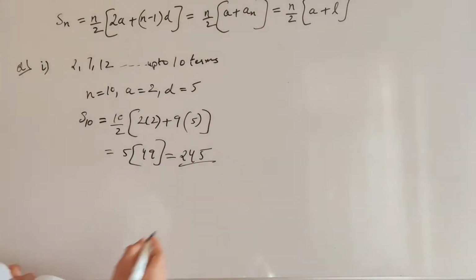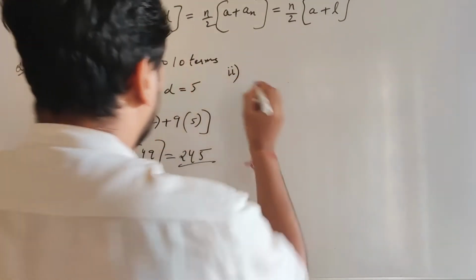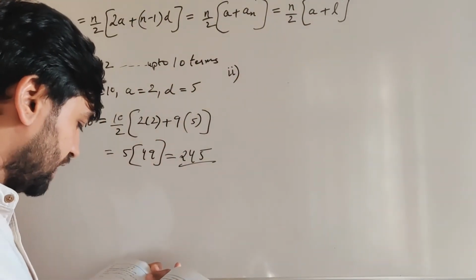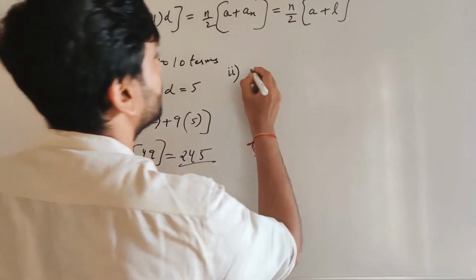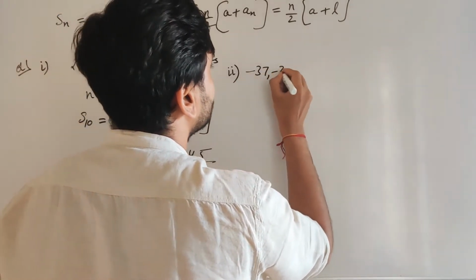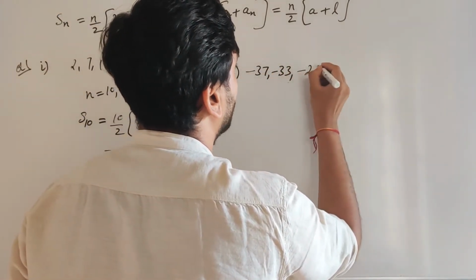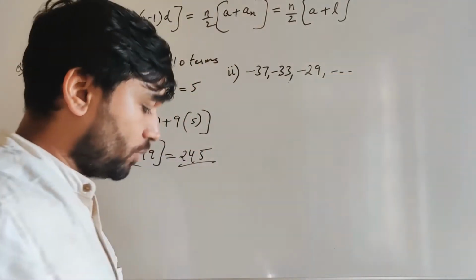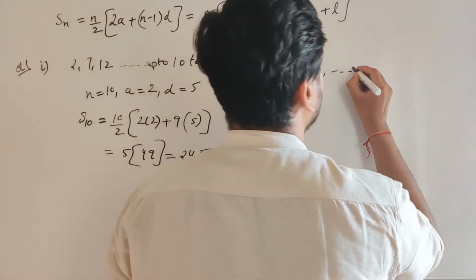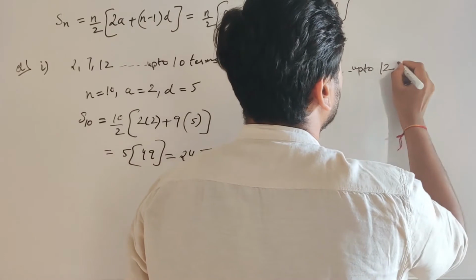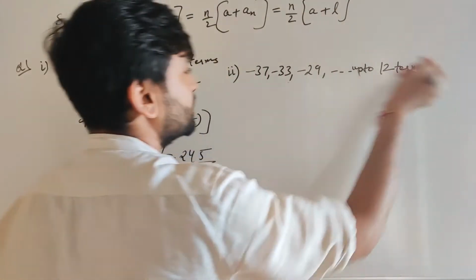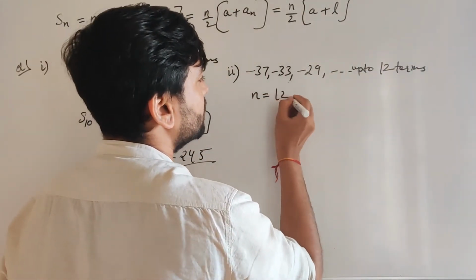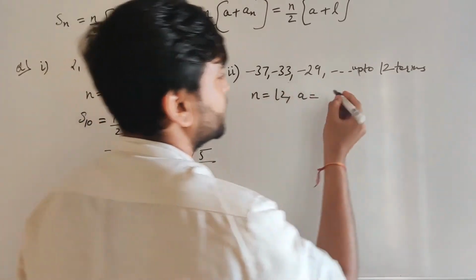Next, second part. The AP given is minus 37, minus 33, minus 29, up to 12 terms. When they say up to 12 terms, n is 12, and the first term is minus 37.